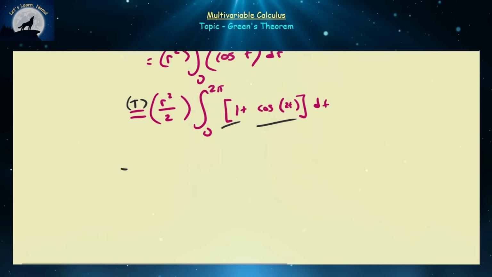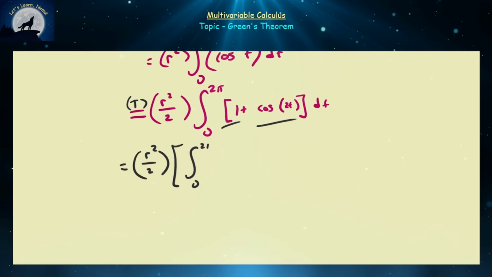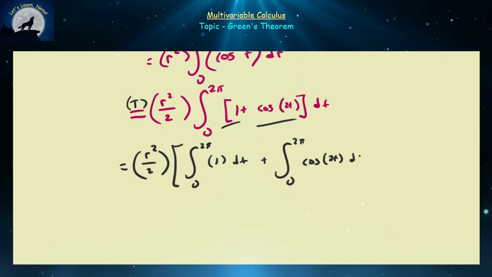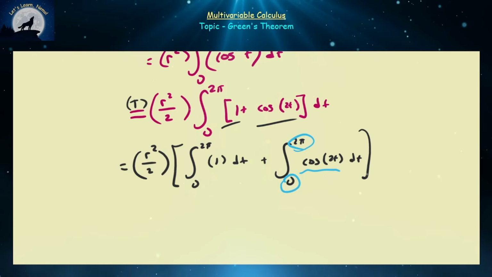So it's r squared over 2 times the integral from 0 to 2 pi of 1 dt, and then the integral from 0 to 2 pi of cosine of 2t dt. Keep in mind, cosine of 2t is a periodic function with period 2 pi divided by 2, so it actually repeats twice over the interval 0 to 2 pi, and therefore it's going to cancel itself out in terms of area, so that's going to be equal to 0.